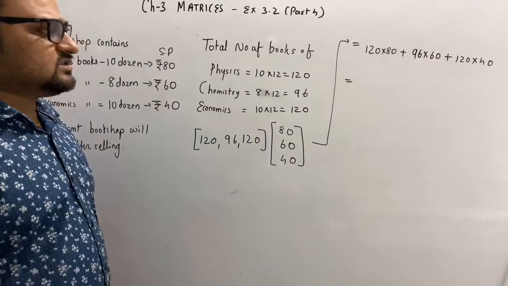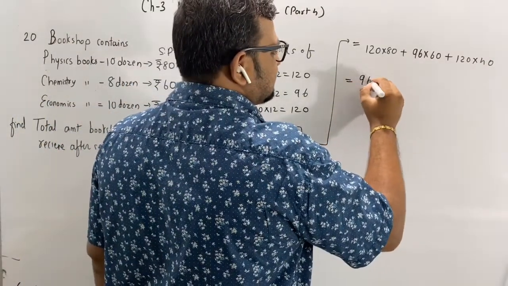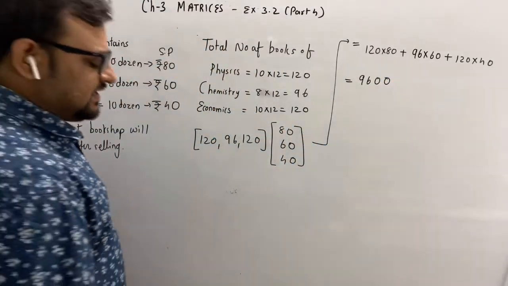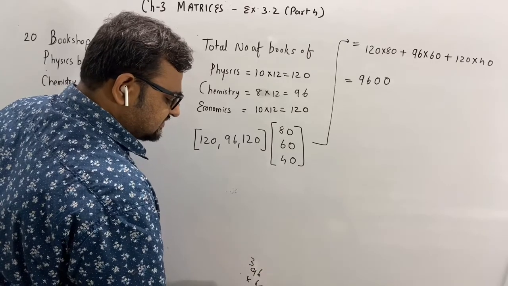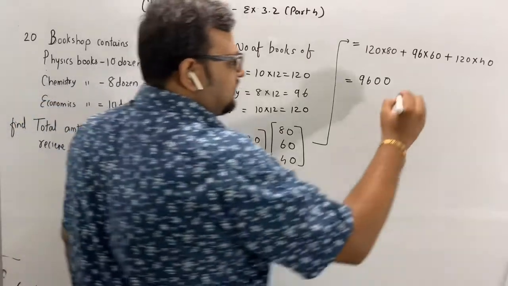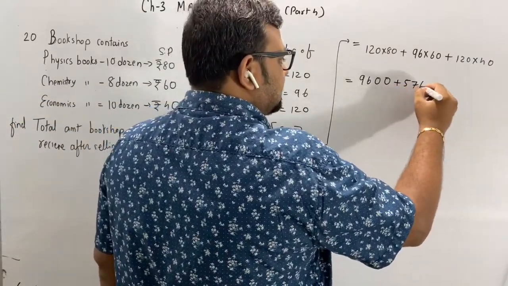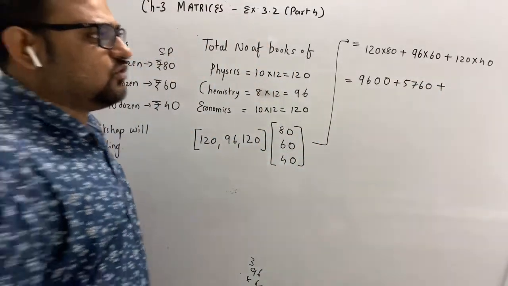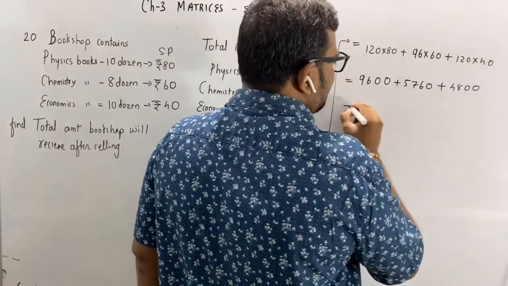Okay, the first is 120 into 80, that is 9600. Second is 96 into 60, right? That will be 660, 36, 6 nines are 54, 5, 6, 7. 5, 7, 6, 0. Last 120 into 40, that is 4800.